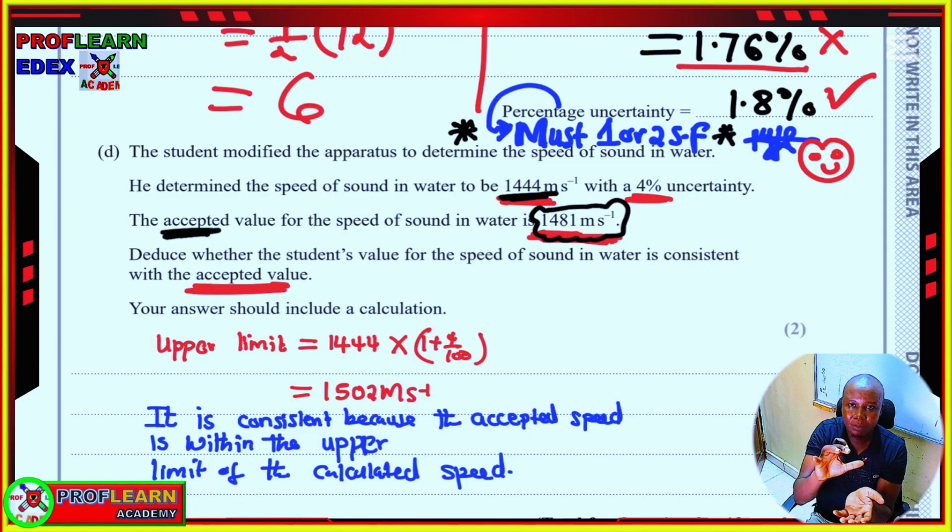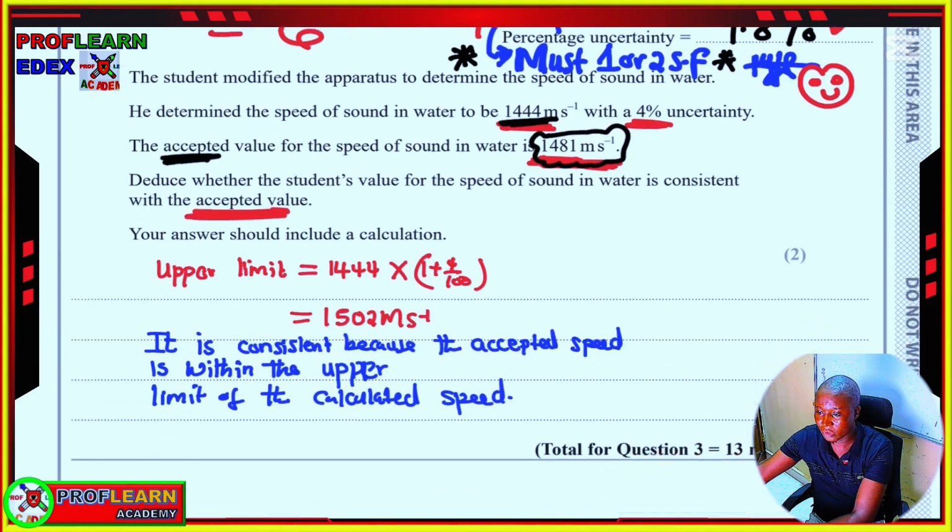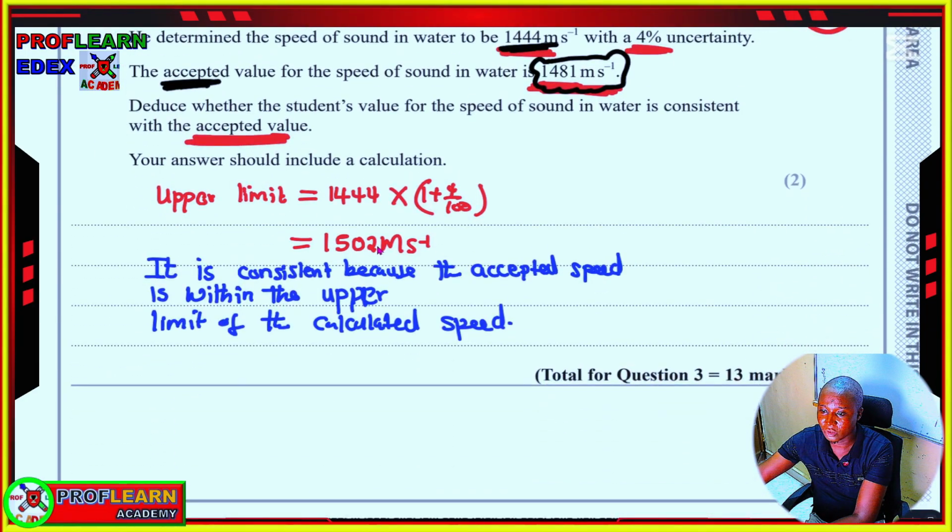If the accepted value is within the upper limit of the calculated value, then we can say it's consistent. And then now we can check. If you work it out, you are going to get your answer as 1502.